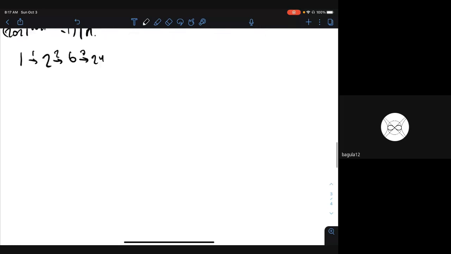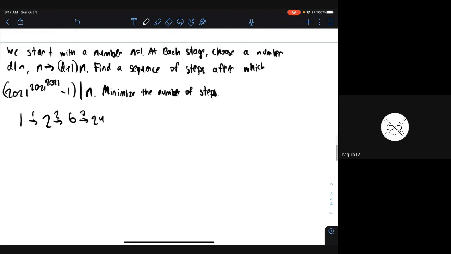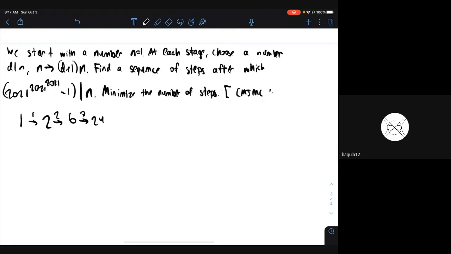So we want to, of course, minimize the number of steps, since this is a talk about optimization and theoretical CS. And to give credit where it's due, this problem is from CMI&C 2021.